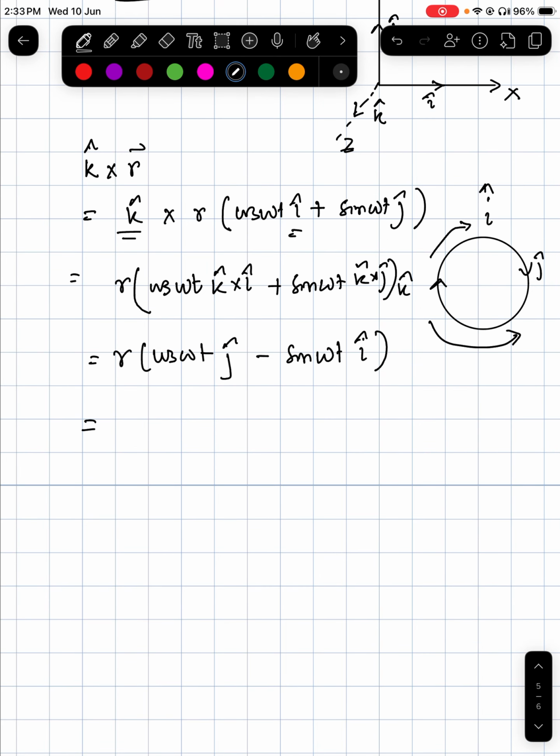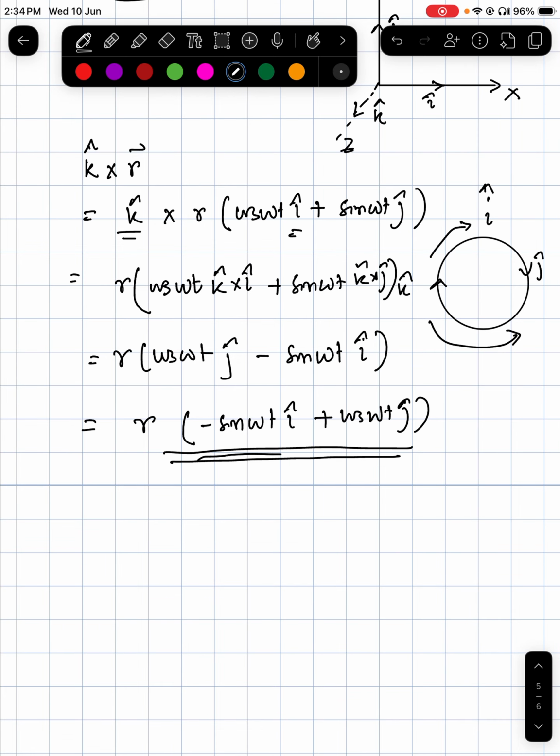So the formula becomes r, minus sine omega t i cap plus cos omega t j cap. What I'm doing is just rearranging those terms to express a particular quantity which is already known. Can you recognize this particular expression?